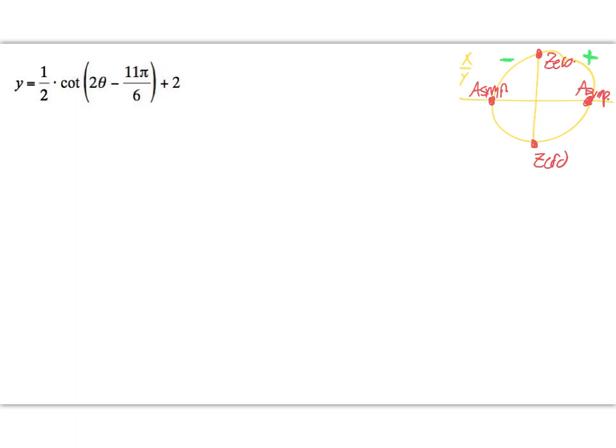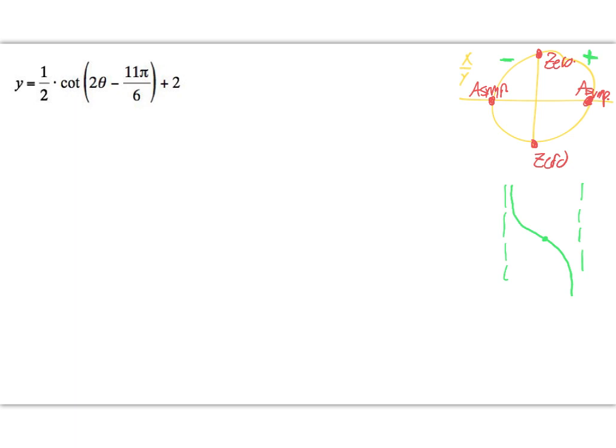So if we think about what this means about a cotangent graph, our cotangent graph is going to have a couple of asymptotes. And if I'm looking just at one cycle from 0 to pi, we're going to start positive and we're going to go negative. So it's going to be the reciprocal of a tangent graph, which is going to cause it to move to the side because of where that midline is, and produce a graph that also looks like a reflection of the tangent graph.